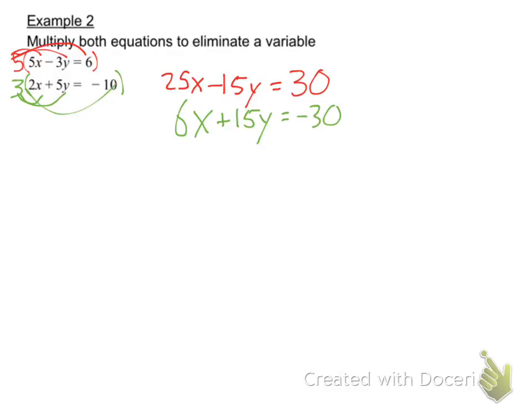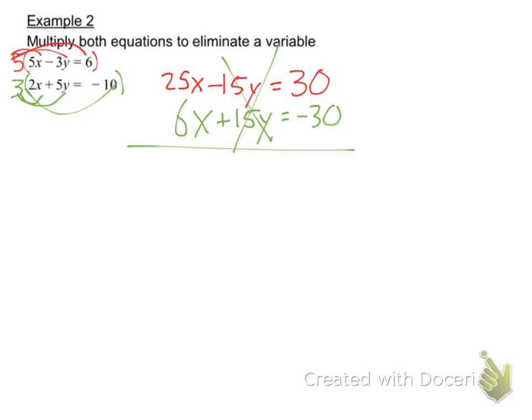At this point, do you guys see that the y's have the same coefficient but opposite in sign? We engineered that to happen because what we want to do now is add them together. And if I add positives and negatives of the same thing, they will disappear or go to 0. We don't have to write them anymore.